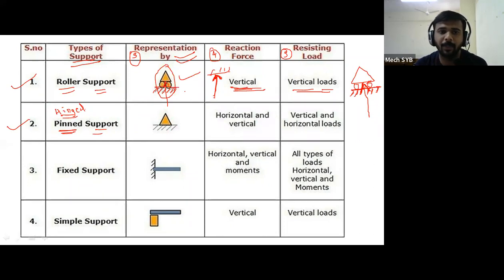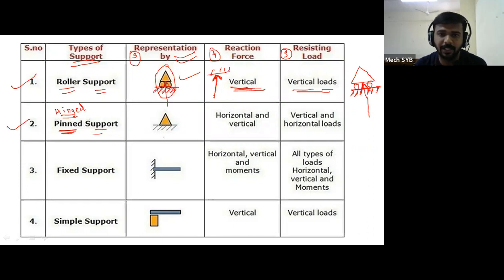If you see the difference between the roller support and the pinned support, in the roller support, below the triangle two rollers are there, therefore it is called a roller support. But in the second figure only one triangle is there, and after the triangle there are directly hatching lines, or directly a fixed condition.